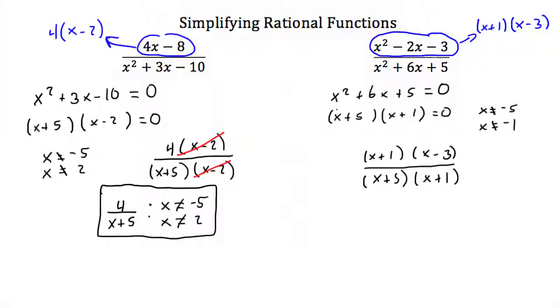Now notice that I have an x plus 1 in both the numerator and the denominator, so I will cancel them. And my solution then is x minus 3 over x plus 5. But I also have to note that my denominator in my original function has restricted my domain to where x cannot equal negative 5 and x cannot equal negative 1.